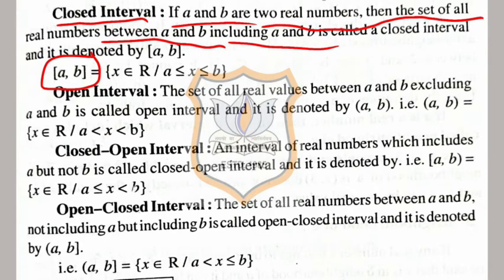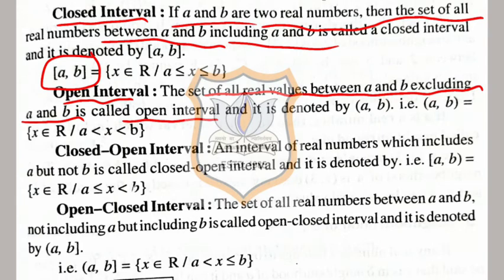Let us understand the second definition, that is open interval. The set of real numbers again between the two values a and b, but a and b are not included, they are excluded in this open interval, and therefore we can define it as the set of all real numbers between a and b excluding a and b, that is a and b are not included, is called open interval.